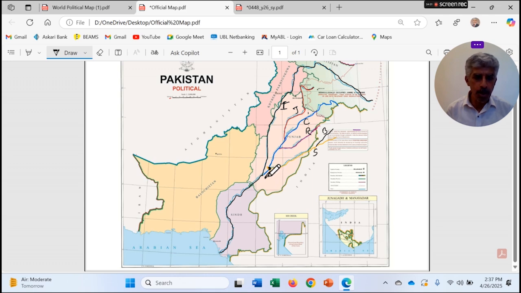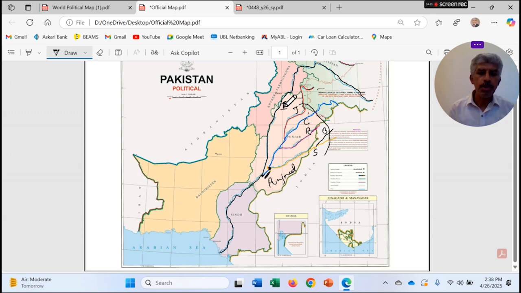After that, this portion of the river is known as Panjnad. Panjnad means 5 rivers. These 5 rivers have already joined: Jhelum, Chenab, Ravi, Beas and Sutlej. So these 5 rivers merge together over here, and afterwards the river is known as Panjnad river, and it flows for about 78 kilometers before falling into the Indus river over here.